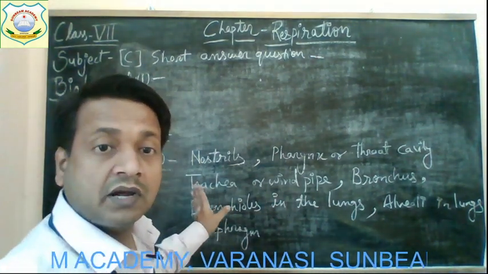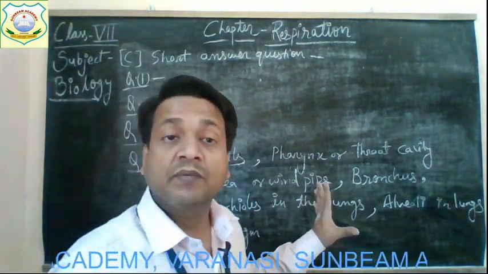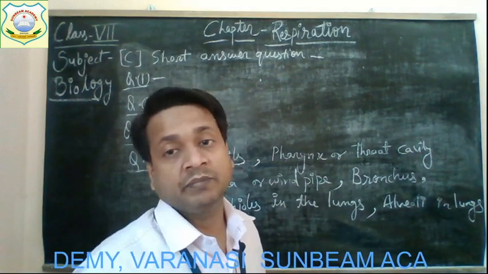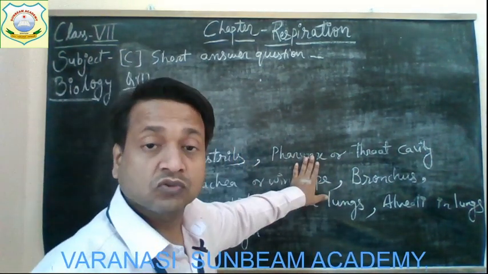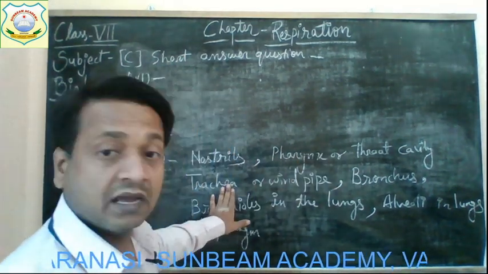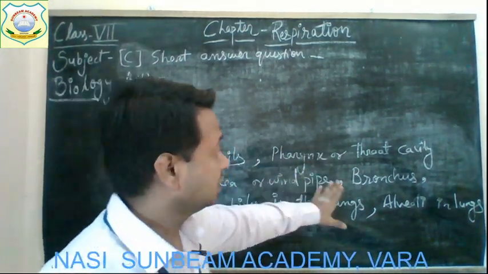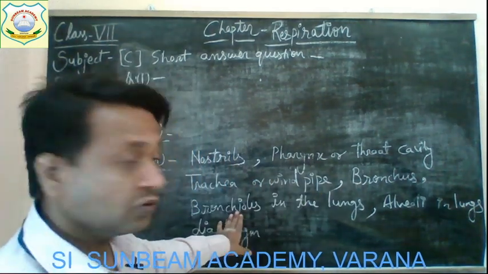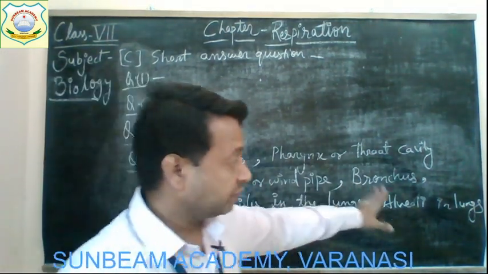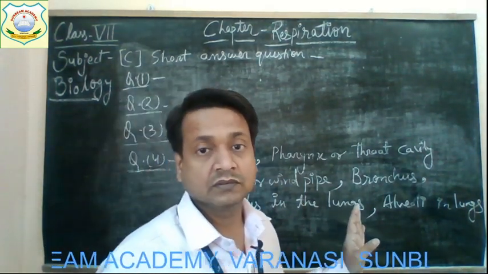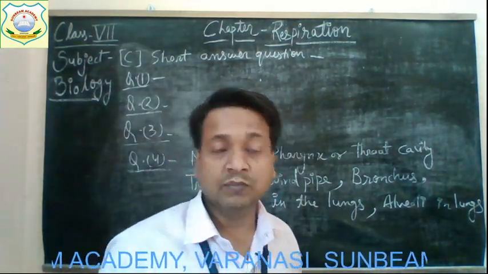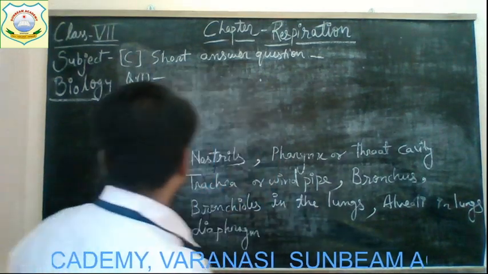So these all are the main organs of the respiratory system in human beings. Get it, children? Nostrils, pharynx or throat cavity, trachea or windpipe, then bronchus, then bronchioles in the lungs, and alveoli in the lungs, and also the diaphragm. Get it? Now come to the next question number 5.